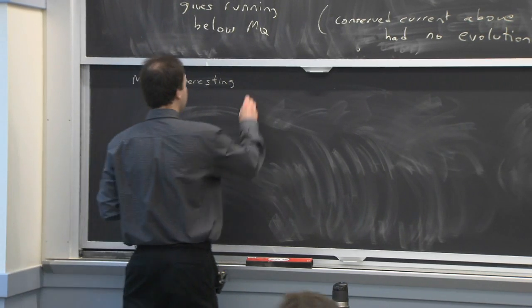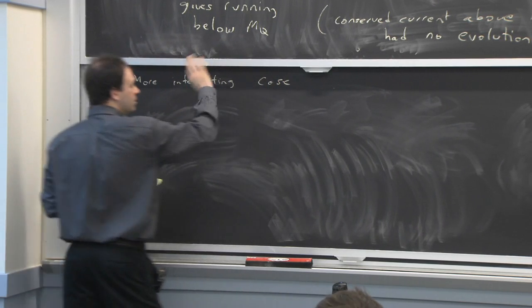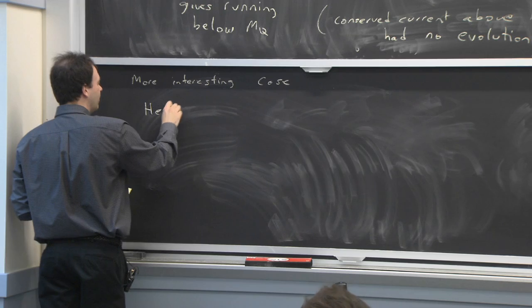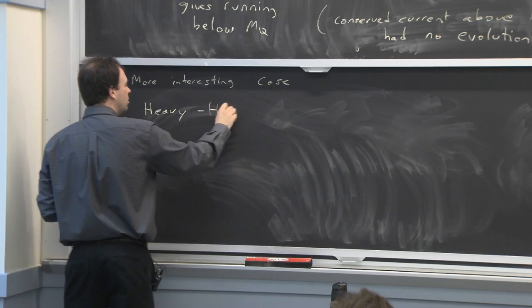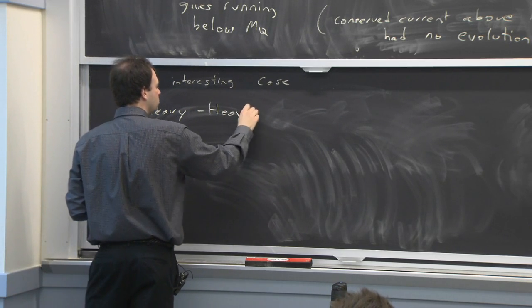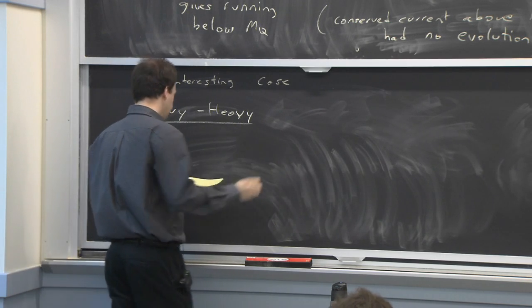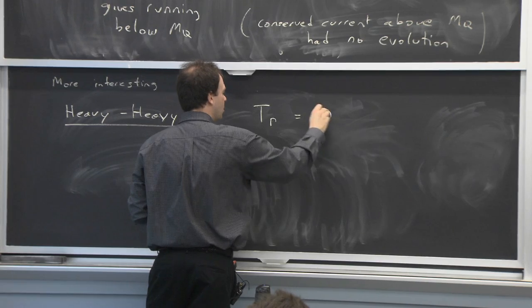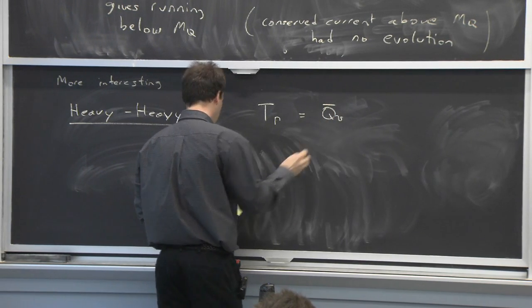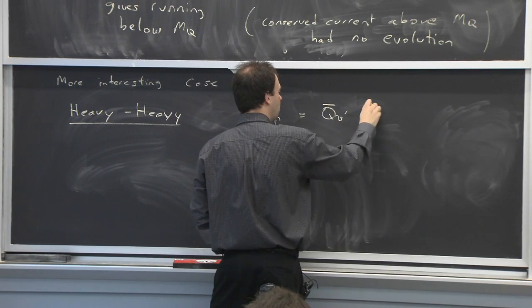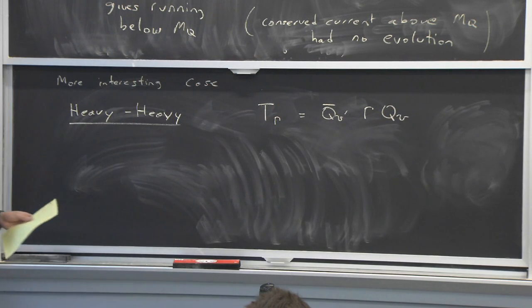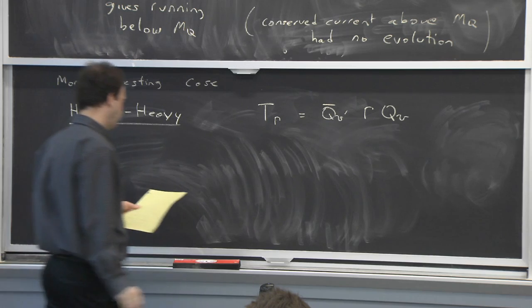So something more interesting is to look at, instead of a heavy to light transition like that, a heavy to heavy transition. We'll spend a little bit more time on this one. So let's have two heavy fields, and I'm going to take them in a current where they have different velocities, v and v prime.